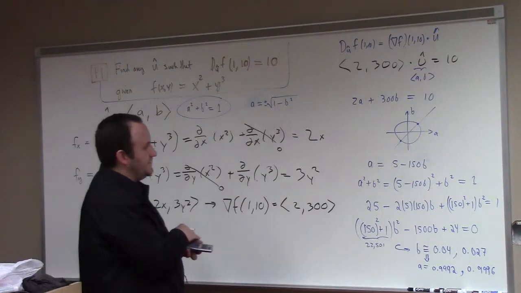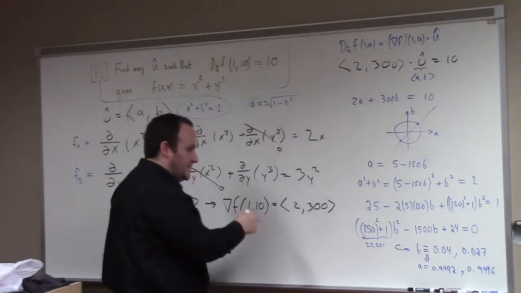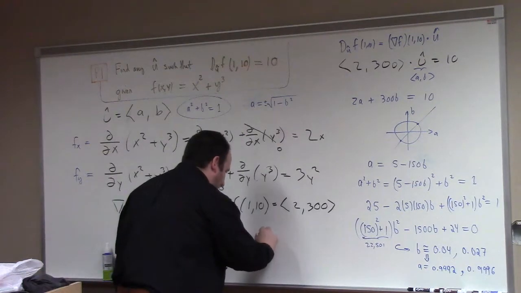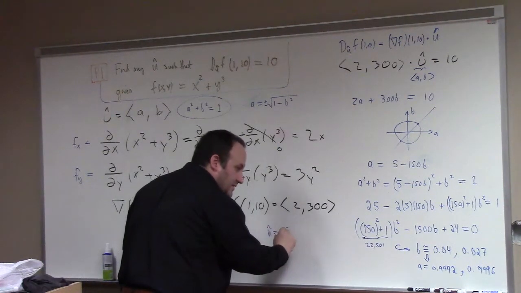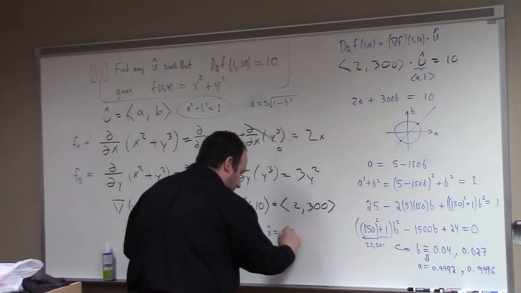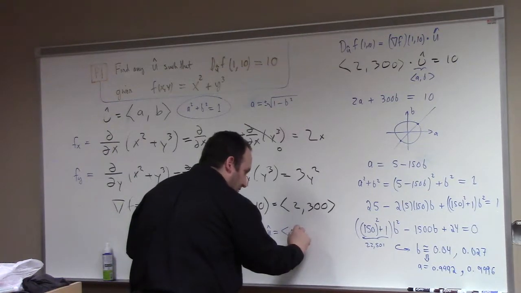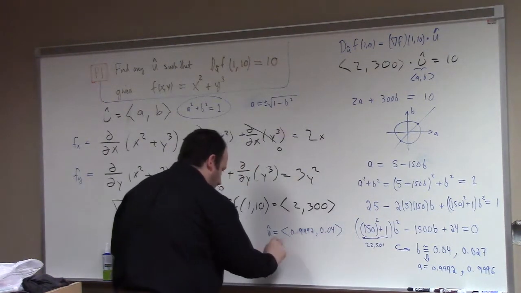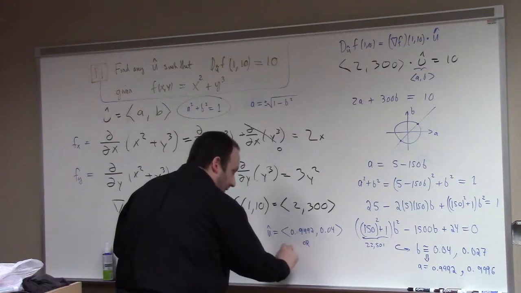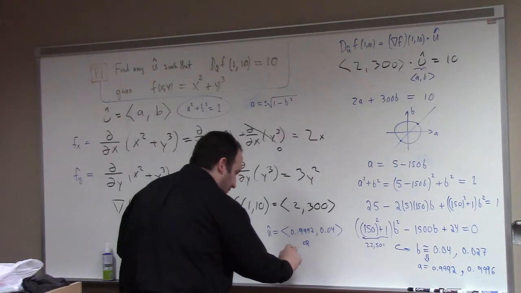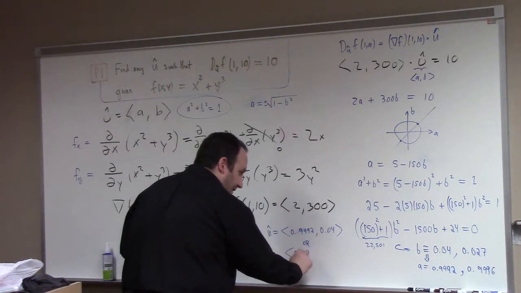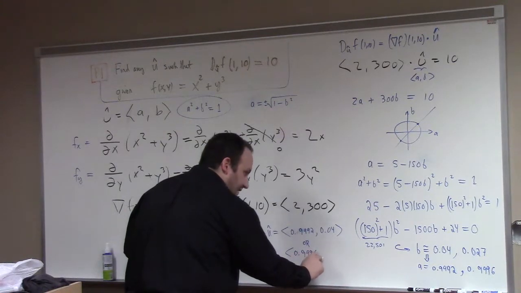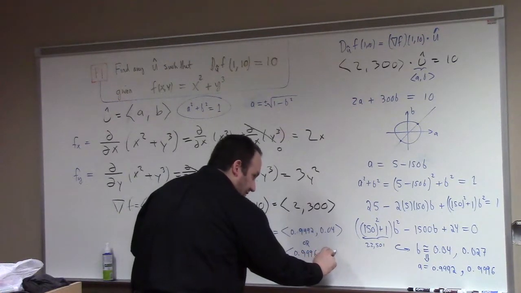For example, so anyway, after some ugly numerics, I get U hat is equal to something like 0.9992 and then the B of 0.04, or 0.9996 and 0.027.